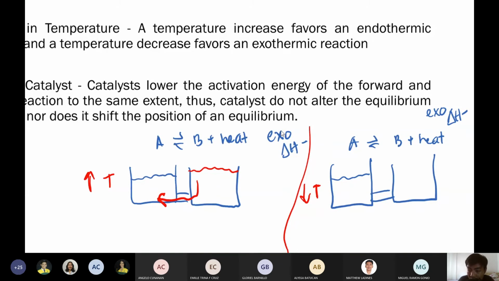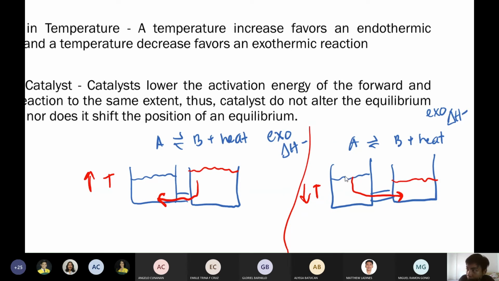Again, this is exothermic, not endothermic. So increasing the temperature raises the heat, which means we have more products. It will push the system to the left. Okay? How about when we decrease the temperature? When we lower the temperature, our product side becomes less. When the product side decreases, in order to achieve balance, the system will be shifted to the right.